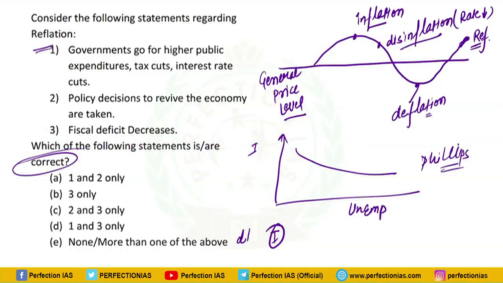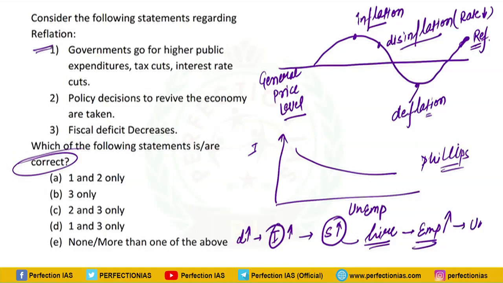So if demand is there, it will lead to inflation, and because of this demand, the producers will now try to produce more. So they are going to focus on their production capacity. For that, they are going to increase supply and they are going to hire more people. Since more people are hired, employment is increasing, and if employment is increasing, unemployment will decline.